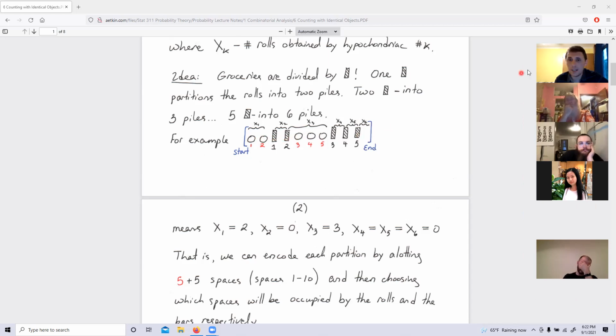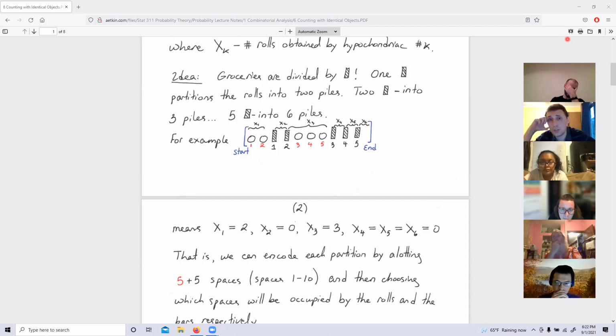Yes, 10 spaces. The spaces are distinguishable. Which of those spaces are assigned to be toilet paper and which are assigned to be a bar? Do you see? So there are 10 knights and 2 destinies. You agree? The destiny is you are either becoming a toilet paper roll or a bar. Some destiny. Do you agree?